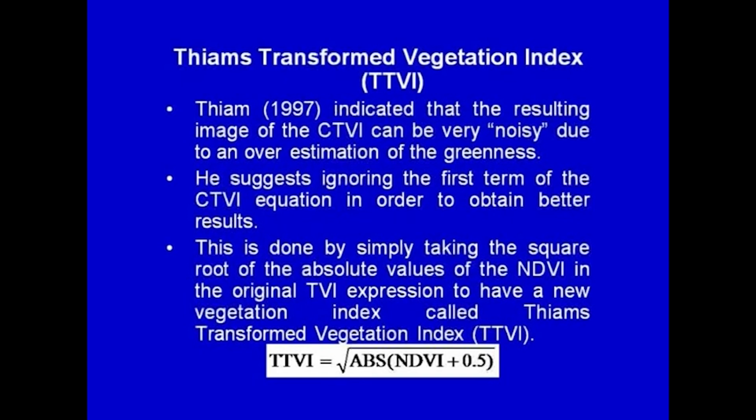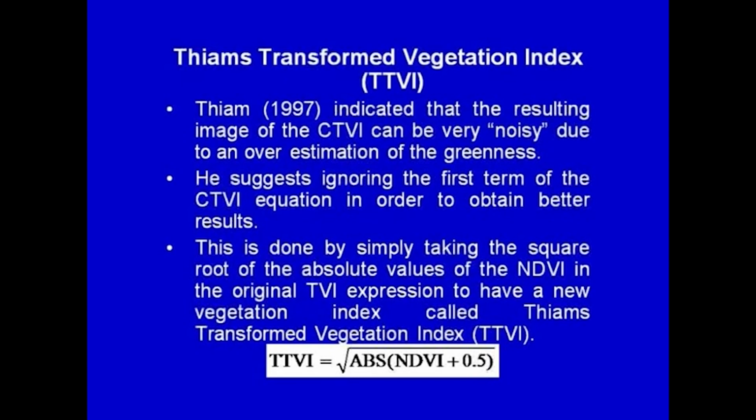He suggested ignoring the first term of the CTVI equation in order to obtain better results. This is done by simply taking the square root of the absolute value of NDVI in the original TVI expression to give a new vegetation index called Thiam's Transformed Vegetation Index, or TTVI.